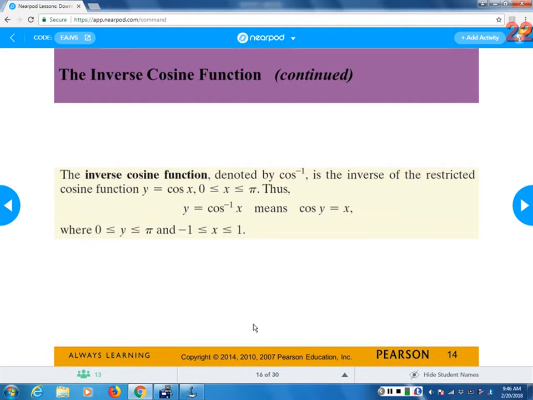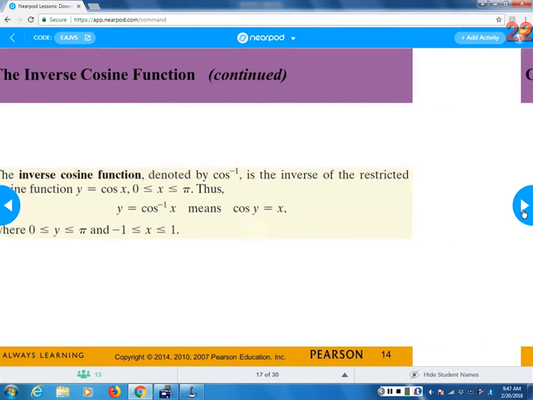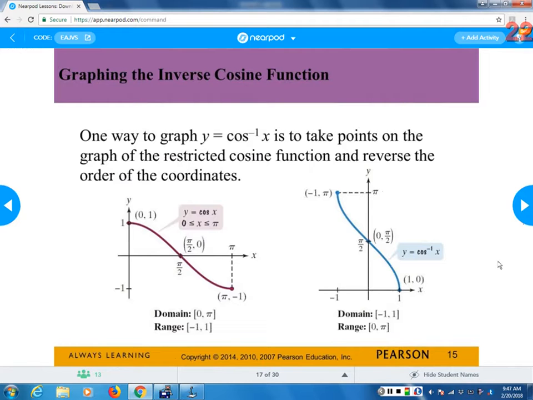Did I already write all that? Oh, one way to graph it. Okay, so I've written all that. And again, reversing the coordinates is a great way to graph this. Graph that part of the cosine function, reverse the coordinates, and here's the inverse.